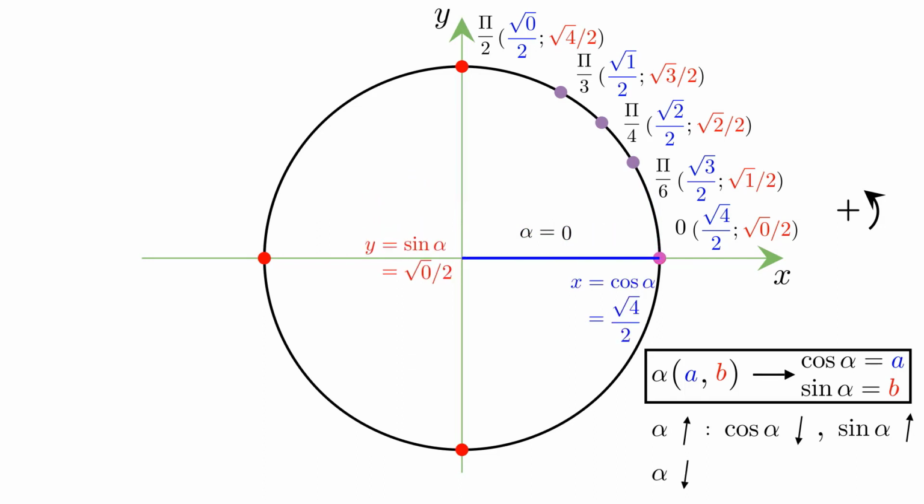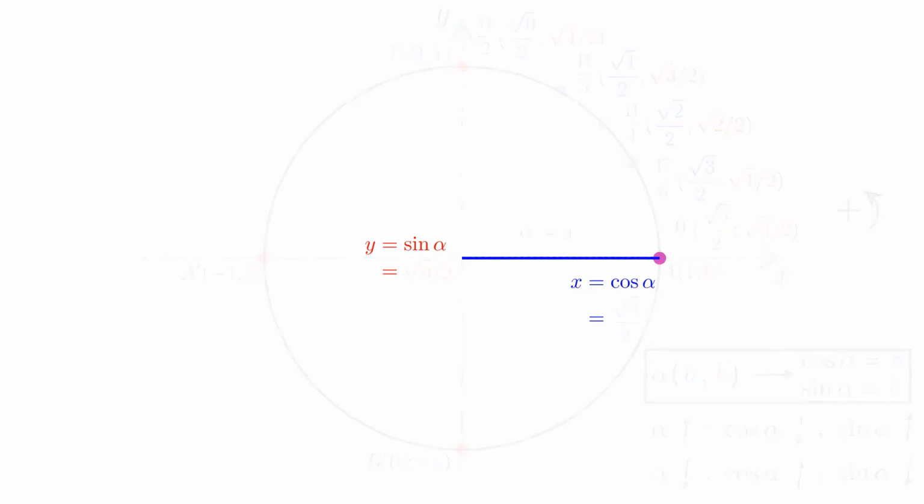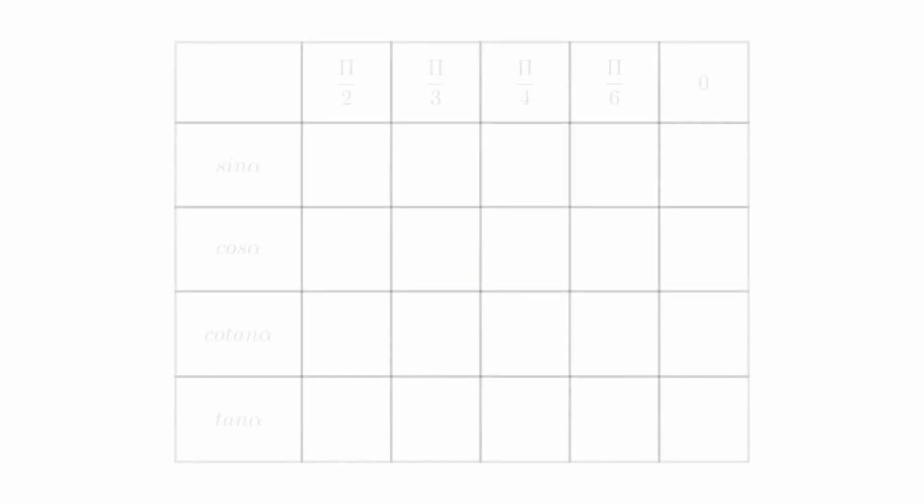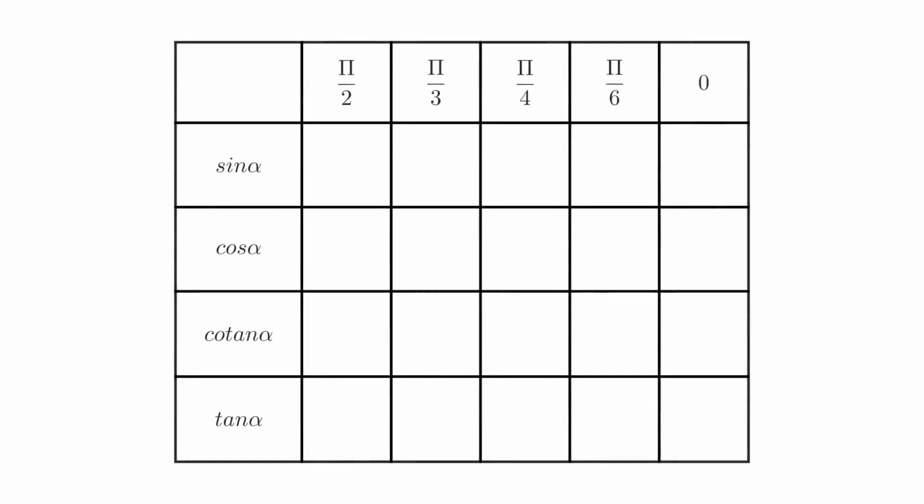As alpha decreases, the cosine value increases while the sine value decreases. The following is a way to master the trigonometric values. These are the trigonometric angles and functions to be found in the first quadrant.